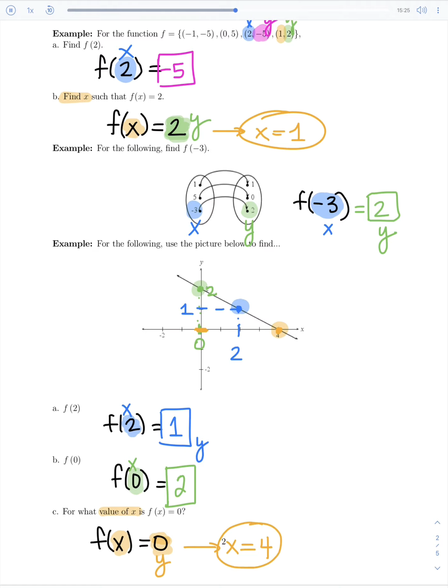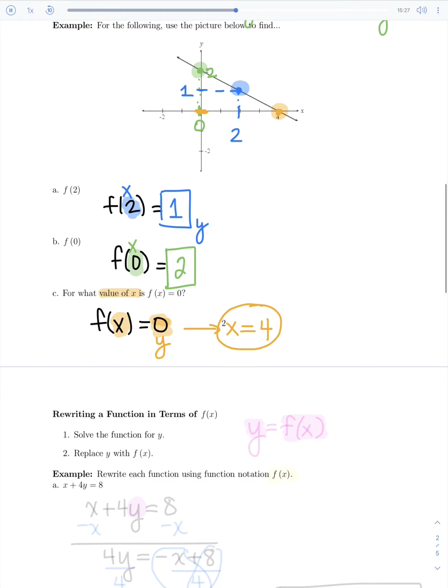So notice with these functions, either they give me x or they give me y. If they give me x, I'm trying to find y. If they give me y, I'm trying to find x, whether it's a bunch of points, whether it's a picture, whether it's a diagram, whether it's something I can actually plug in. It doesn't matter. It all works the same way.